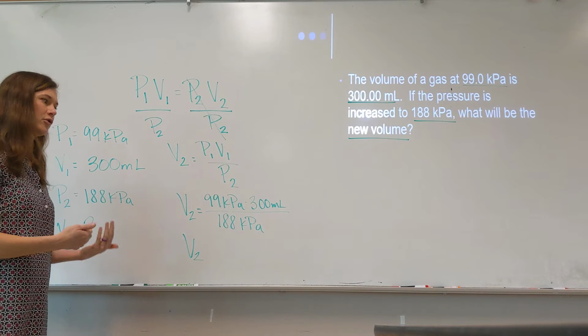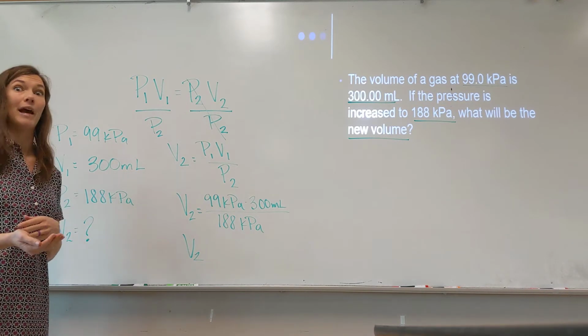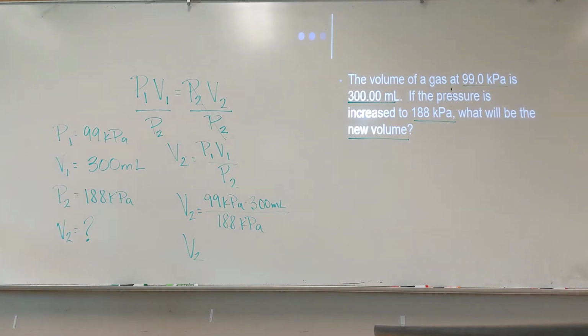Since we're doing multiplication and division, it actually shouldn't matter in this problem, but it will matter going forward. And I get 157.978, so I'm going to round that to 158.